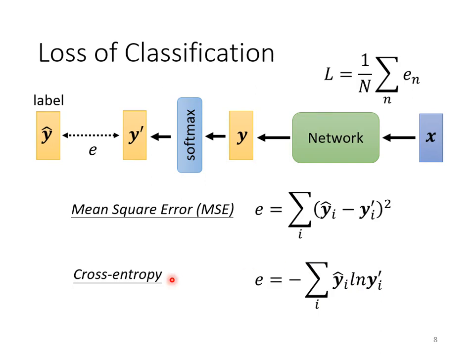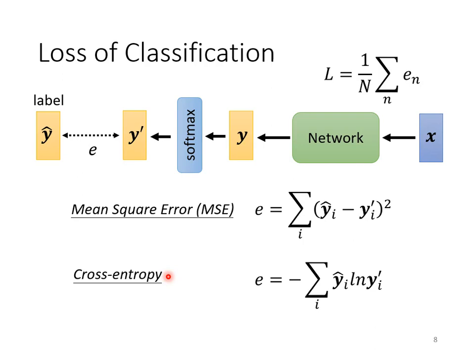This is called the cross-entropy. When y hat is exactly the same as y prime, you can minimize the value of cross-entropy. When y hat is exactly the same as y prime, the value of mean square error will also be the smallest. And the error of cross-entropy will also be the smallest, too.